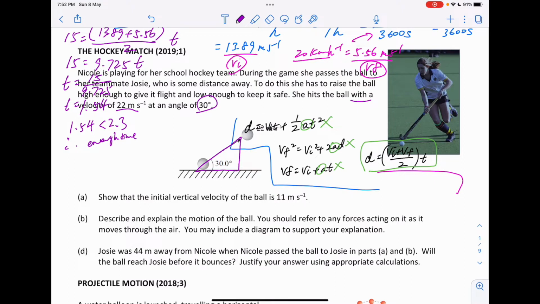So that's 30 degrees and a velocity of 22 meters per second. Right? That's the velocity of the ball.